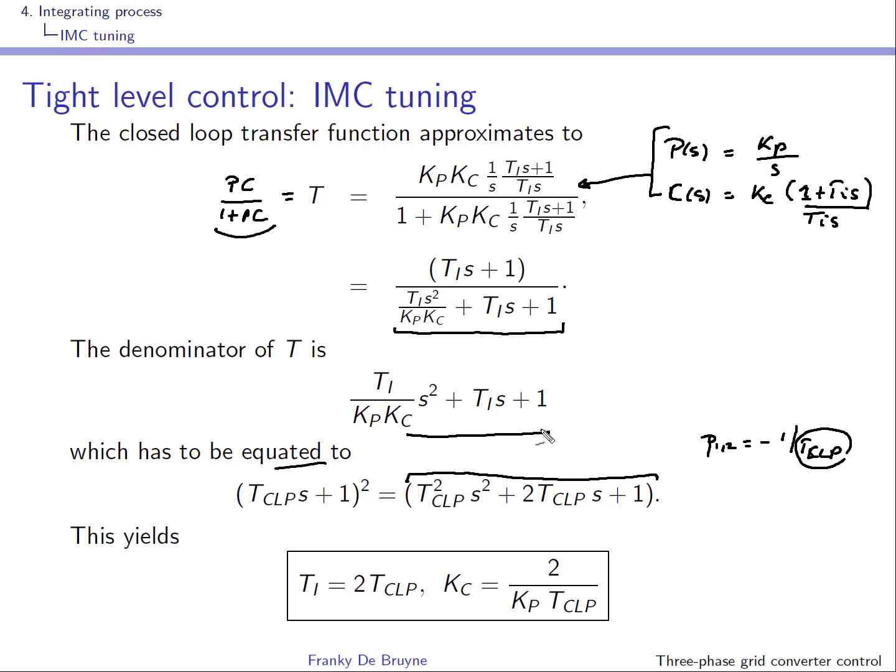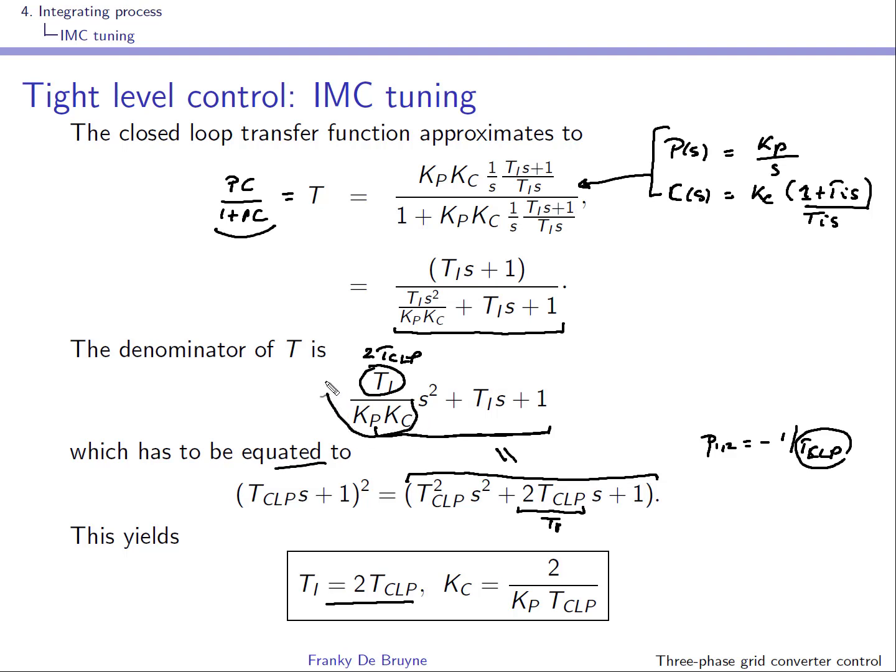So if we equate this thing here and this thing here, so if you impose that they are equal, you can see very easily that this is your integration time constant, this is TI, this is what you see over here. I should write it like that. And then you have that this thing here is 2 times TCLP.